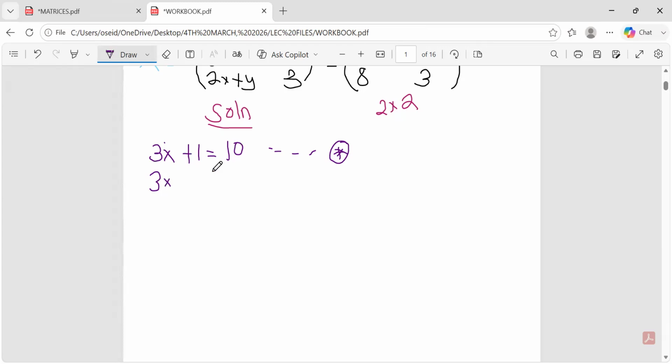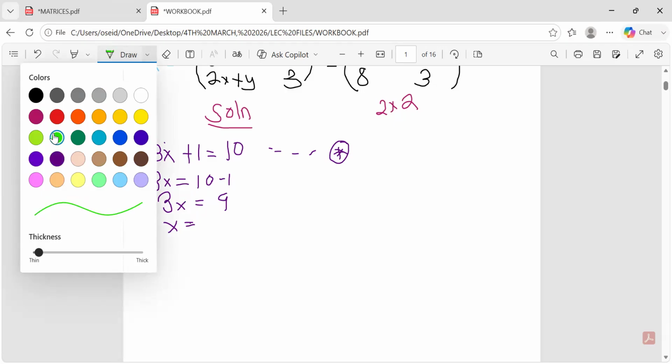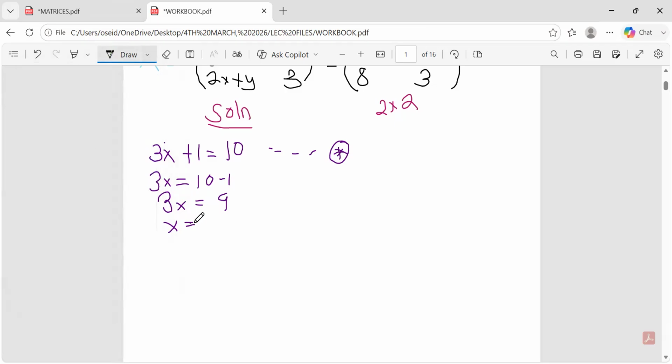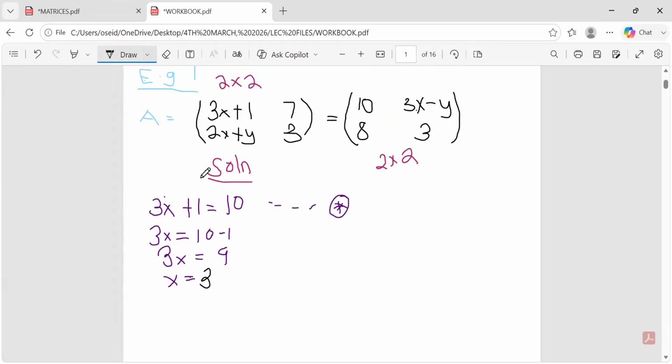The 1 will cross the equal sign, so it becomes negative. 3x equals 10 minus 1. We are going to get 3x equals 9. So x equals 3. From equation asterisk, we've known that x equals 3.